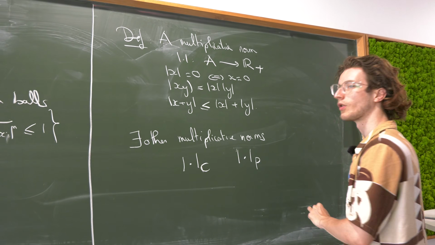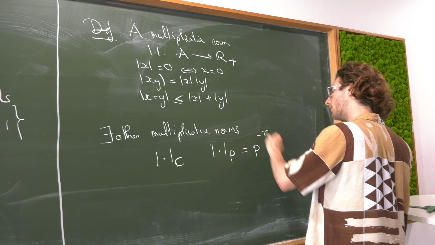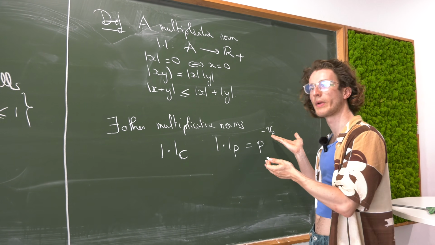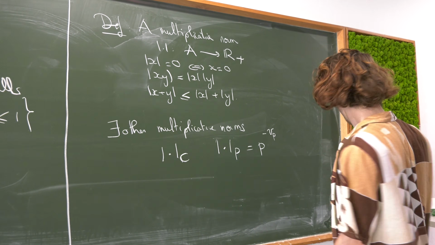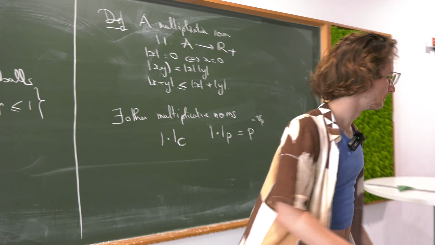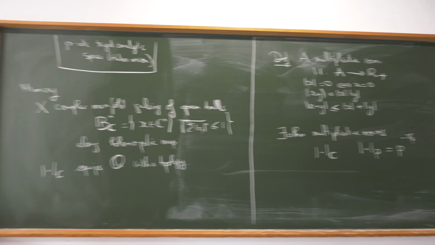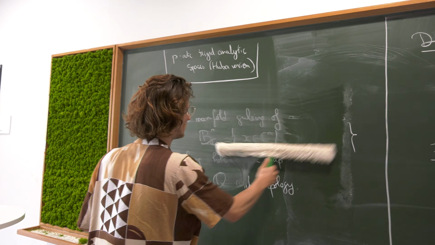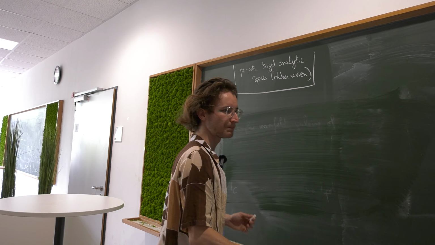Mainly the only ones, let's say, it's a little loose, are this norm and what I call the p-adic norm for every p, which is p to the power minus the p-adic valuation. So for instance, if you have an integer, you just count how many times you can divide by p, that's the valuation, and you have this norm. I can do a quick comparison between these two kinds of norms.